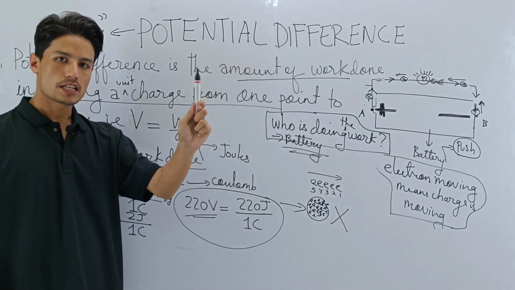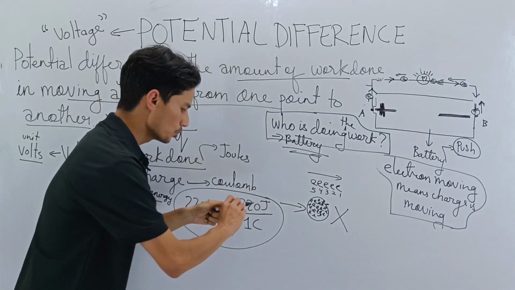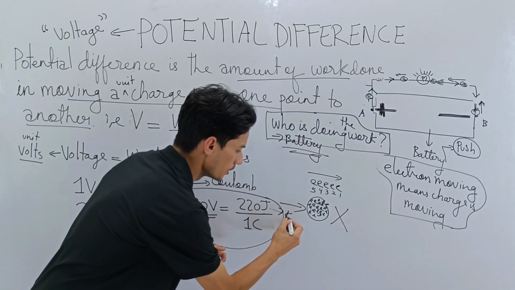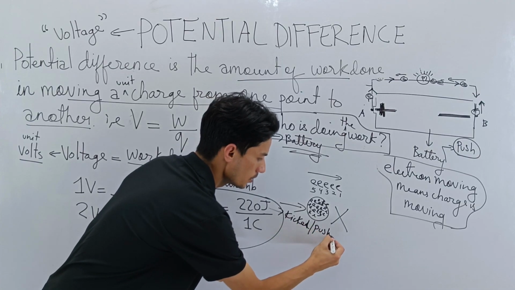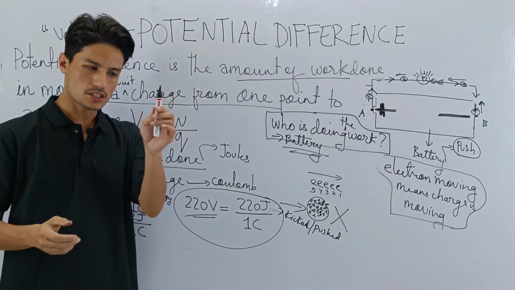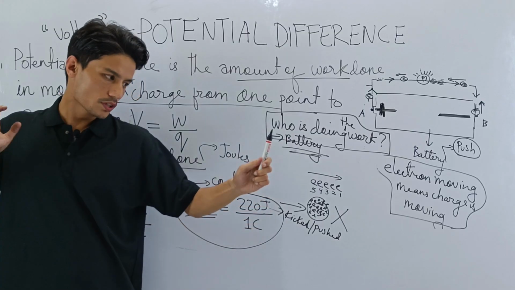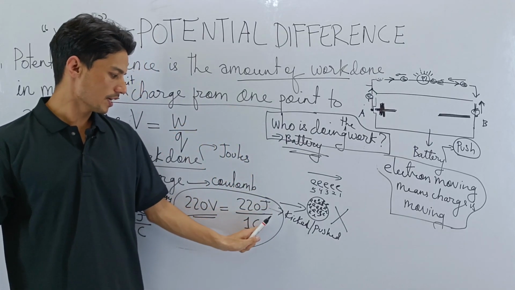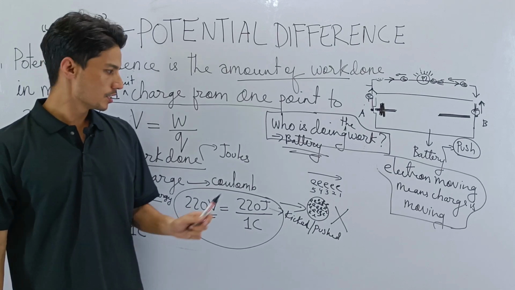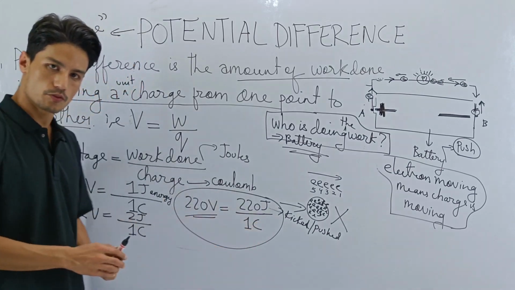Why? Because this charge is kicked or pushed with 220 joules of energy. One single unit charge is being kicked with 220 joules of energy, so the charge will move at great speed. Are you following or not?